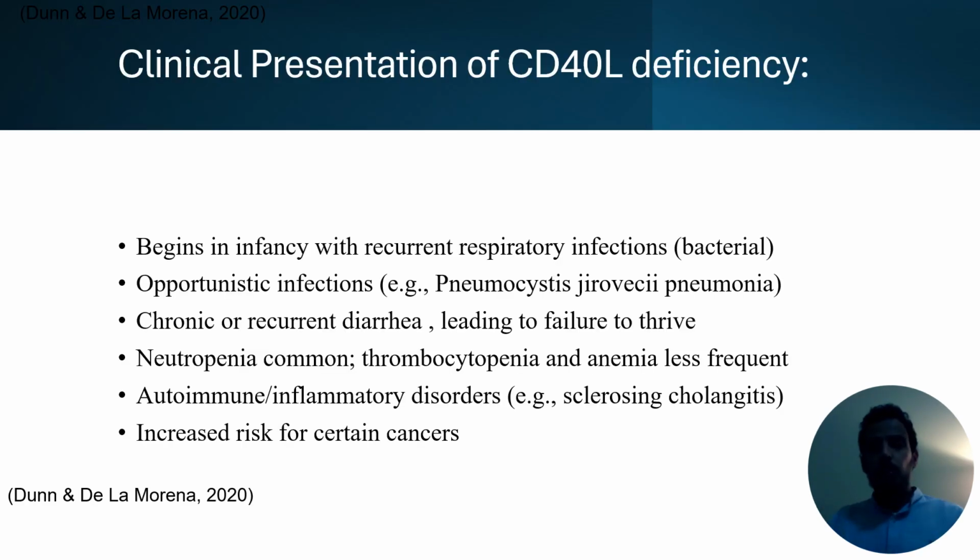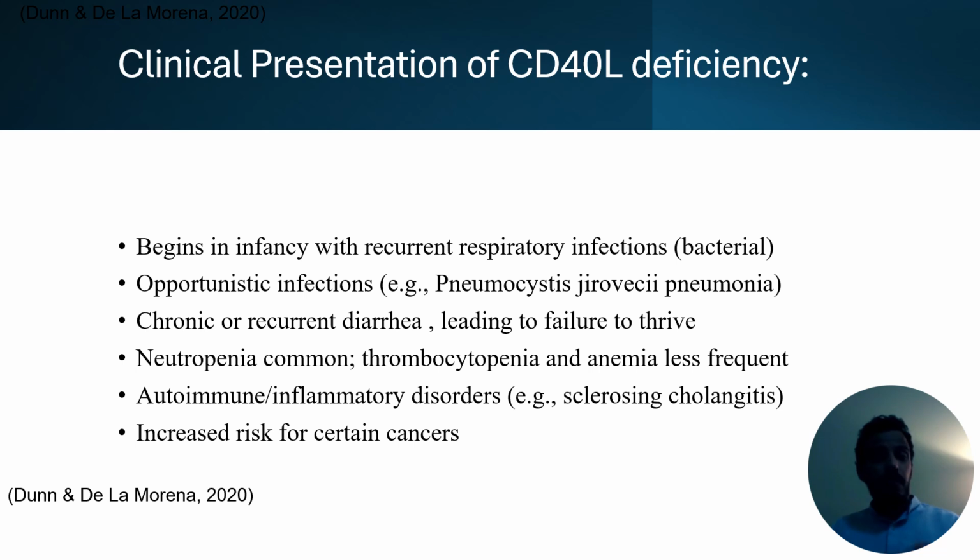Now let's explore the clinical features commonly associated with CD40 ligand deficiency. This condition typically begins in infancy with recurrent respiratory infections, and patients also develop opportunistic infections such as Pneumocystis jirovecii pneumonia.